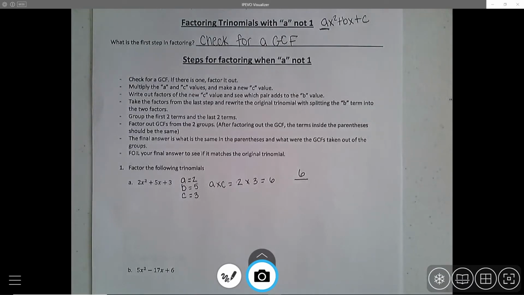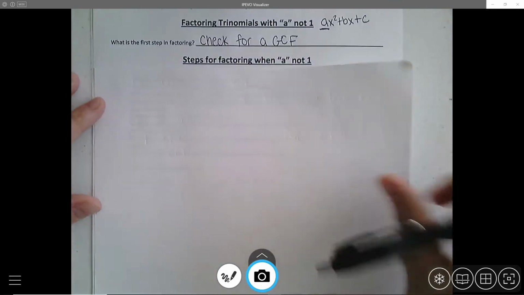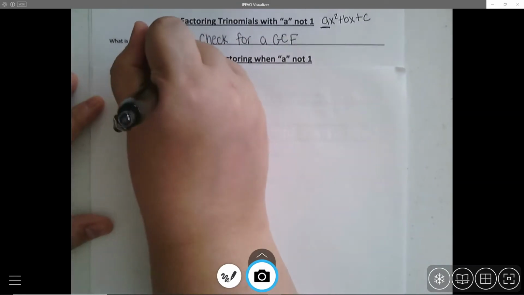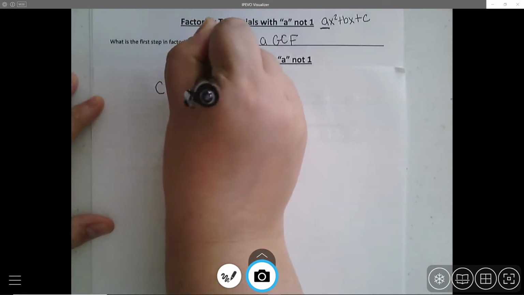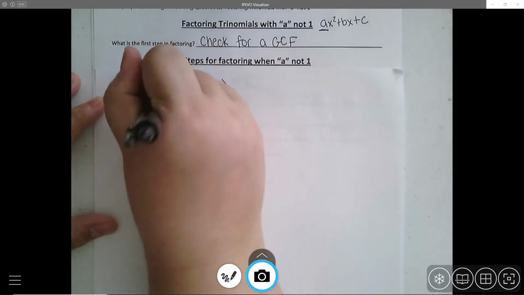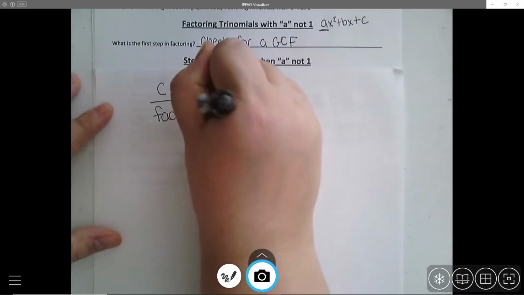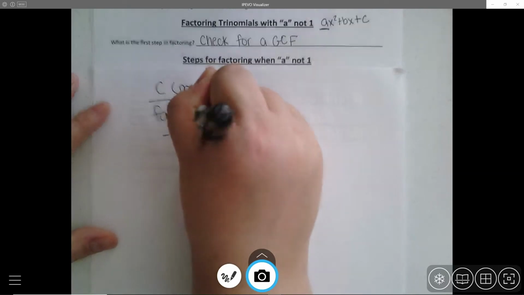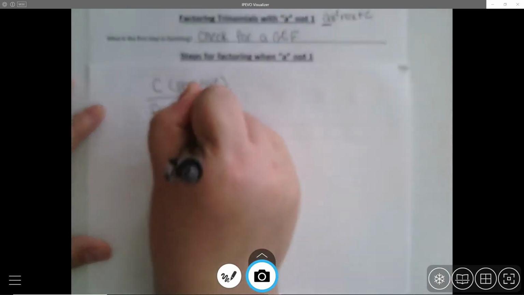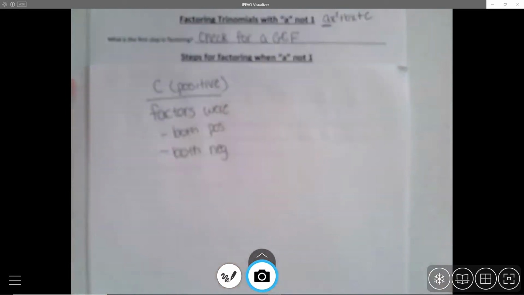Remember in the last lesson, a reminder: if our C was positive, that meant the factors were either both positive or both negative.